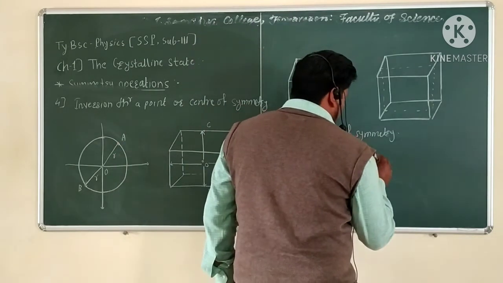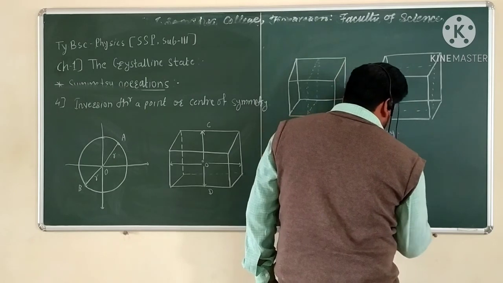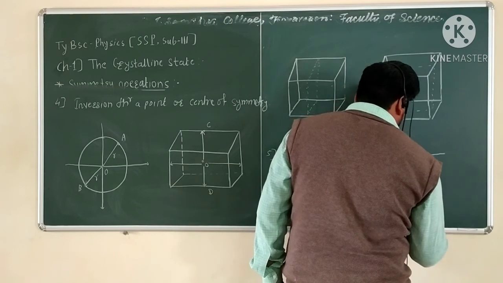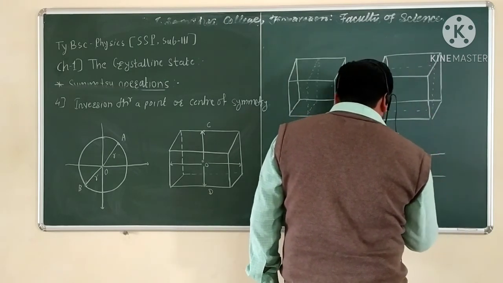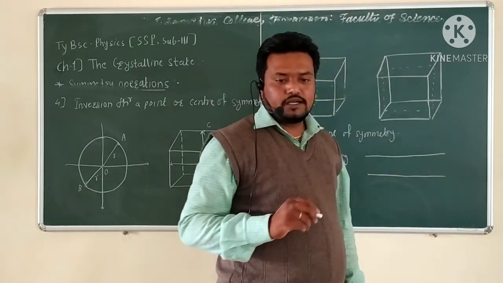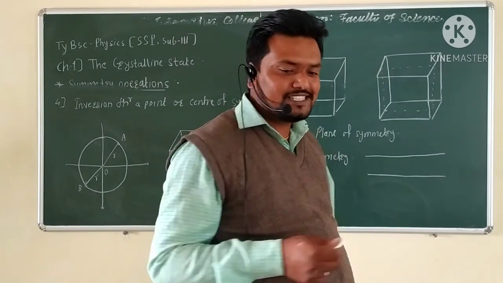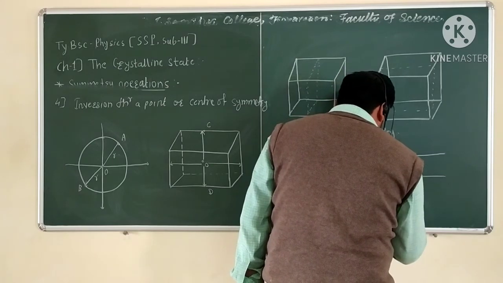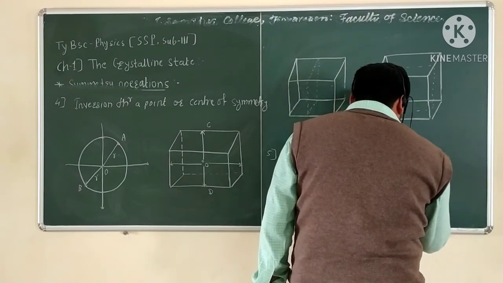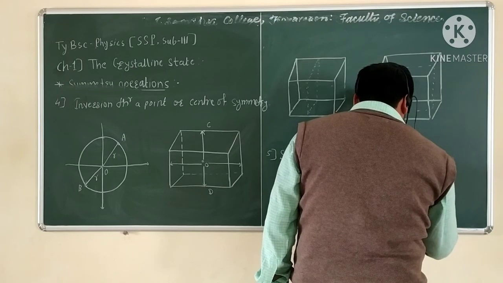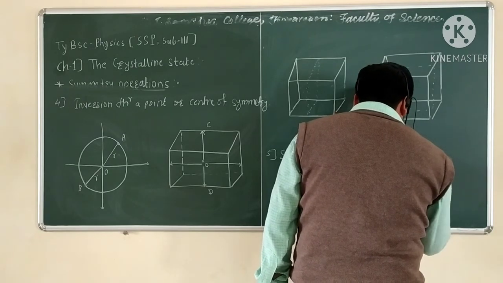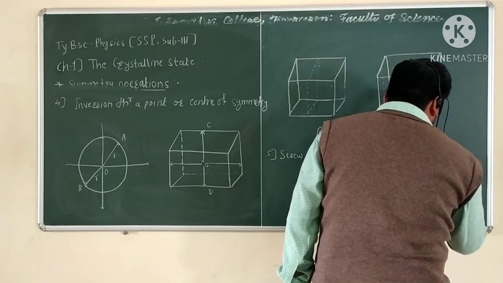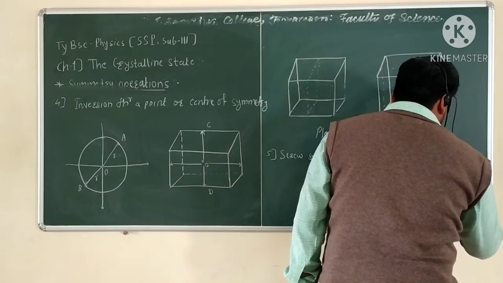For example, consider one identical cylinder which is given, and take vertex points alternately. The first point is here, the second vertex point is here, the next point is here, and similarly in an alternate fashion.